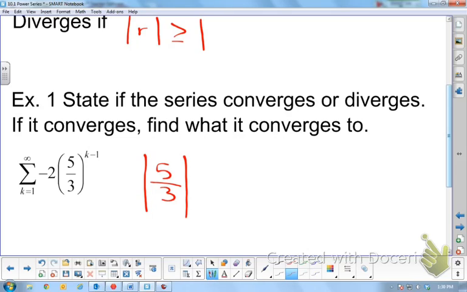This is bigger than 1, it would be 1.6 repeating. It's bigger than 1. So, does it converge or does it diverge? It diverges.